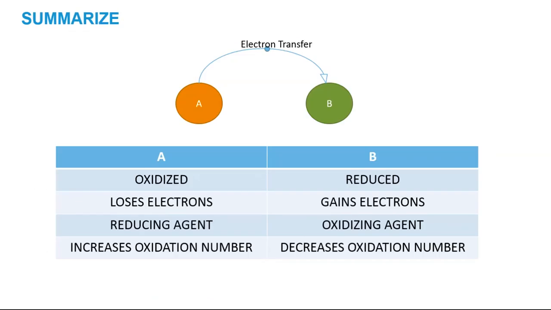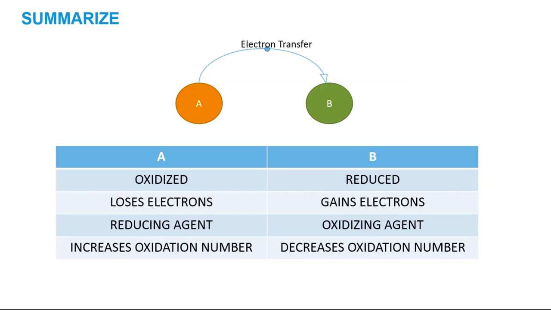Dear students, to summarize today's class, electron transfer is a redox reaction. If electrons transfer from A to B, A is oxidized by losing electrons. B is reduced by gaining electrons.